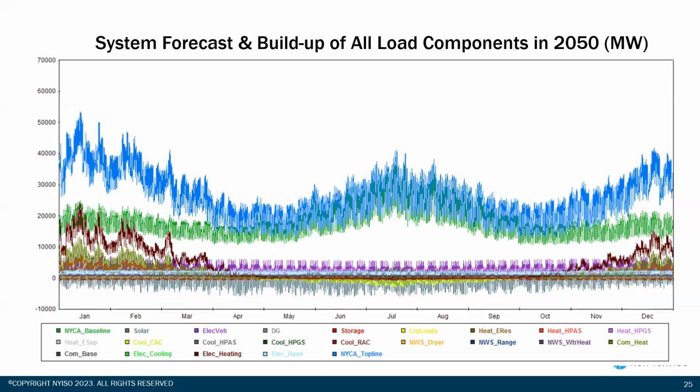We have some robust storage that also clips peak demand, but we're basically in the mid 50s thousands of megawatts in winter, and clearly the blue line in winter is greater than in summer. There's not much electrification effect from building electrification in summer because the performance of a heat pump and the performance of central air conditioners are virtually the same.